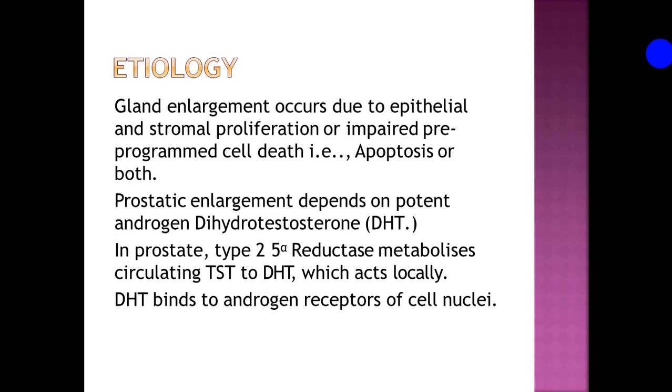Prostatic enlargement depends on the potent androgen dihydrotestosterone, which is called DHT. In the prostate, type 2 5-alpha reductase metabolizes circulating testosterone to dihydrotestosterone, which acts locally. Dihydrotestosterone binds to androgen receptors in cell nuclei.